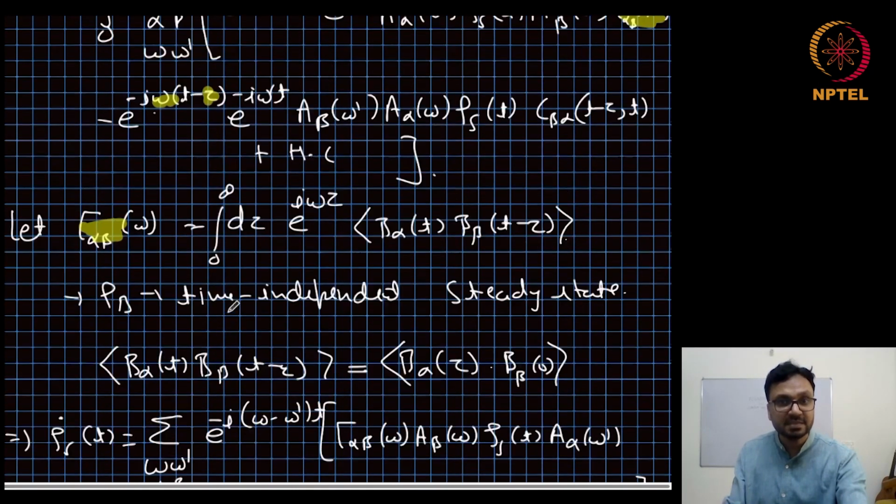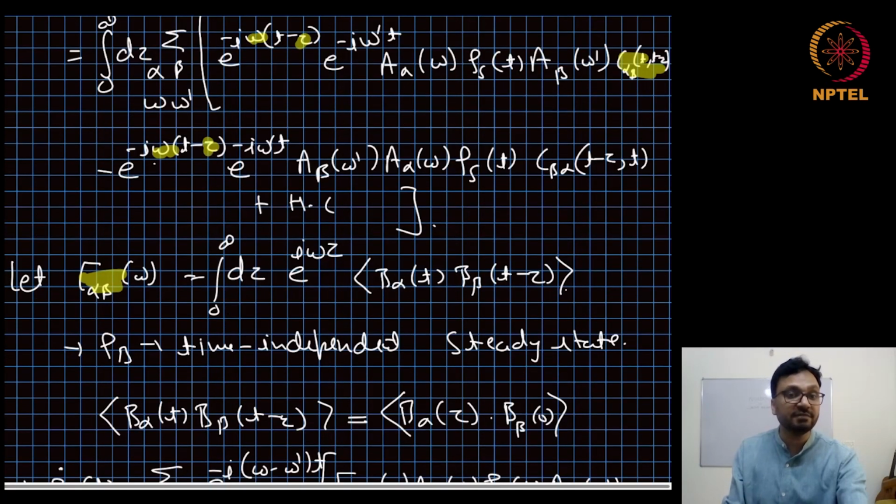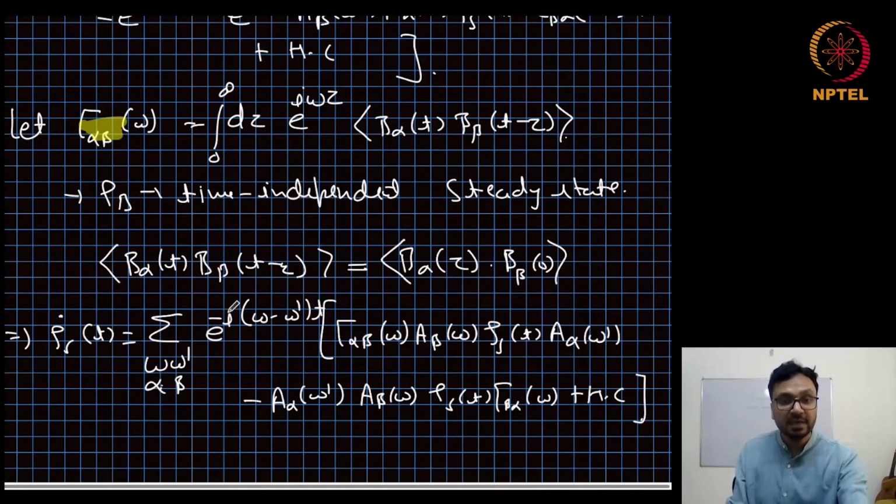So we have replaced the integration over tau. We have absorbed the integration over tau in the definition of gamma alpha beta, and we get this expression.